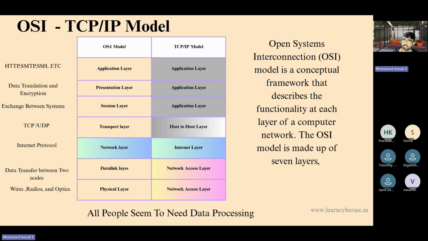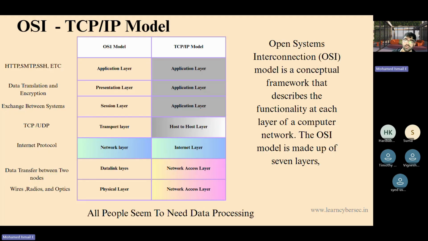There are keywords which refer to the network layer as L3 in many areas. But just for the exam, remember all these 7 layers in OSI. The equivalent model in TCP/IP: layers 7 to 5 are considered the application layer in the TCP/IP model. The transport layer here is called the host-to-host layer. The network layer is called the internet layer. The data link layer and physical layer are called the network access layer. So you must learn both the TCP/IP and OSI models.